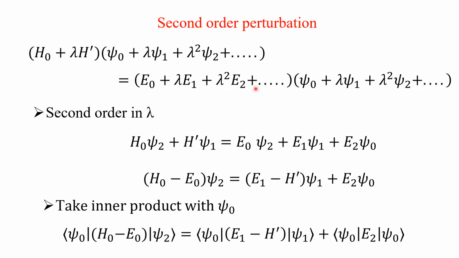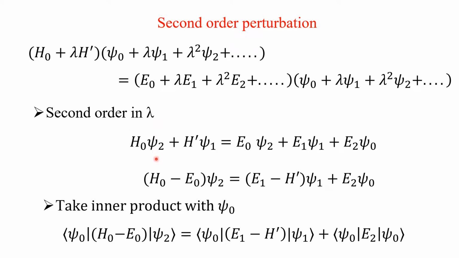Similarly, lambda squared E2 multiplied with psi naught, without lambda, gives a lambda squared term. So you are equating the second order in lambda.